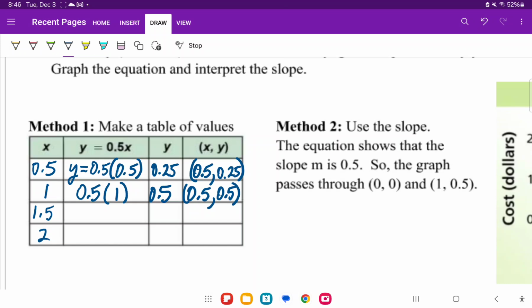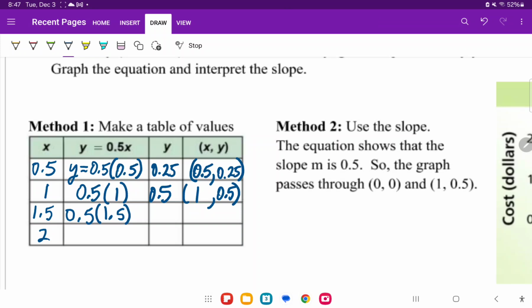Anything times 1 is that number, the original number. Yes. This should be 1. Thank you, Daniel. That's on me.